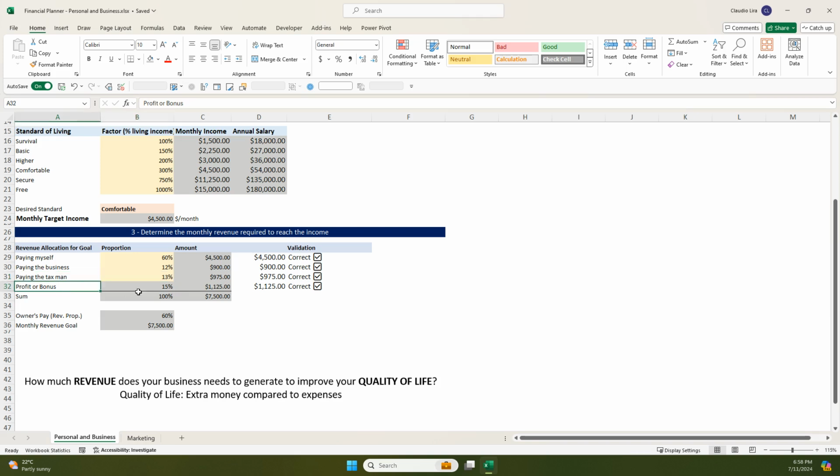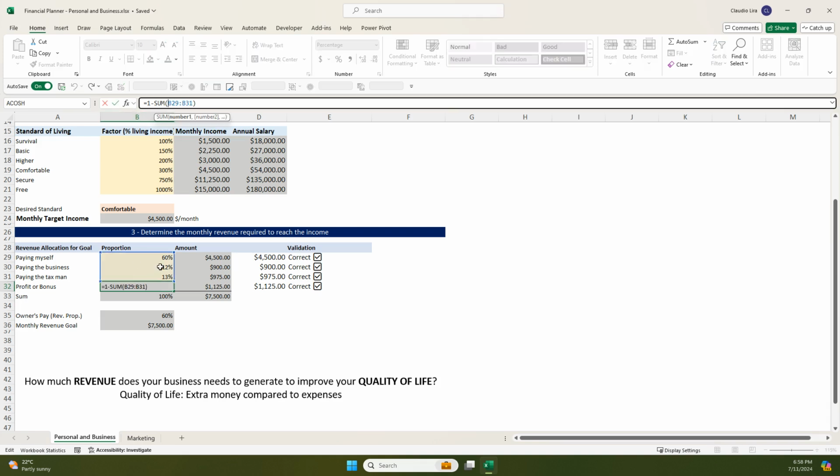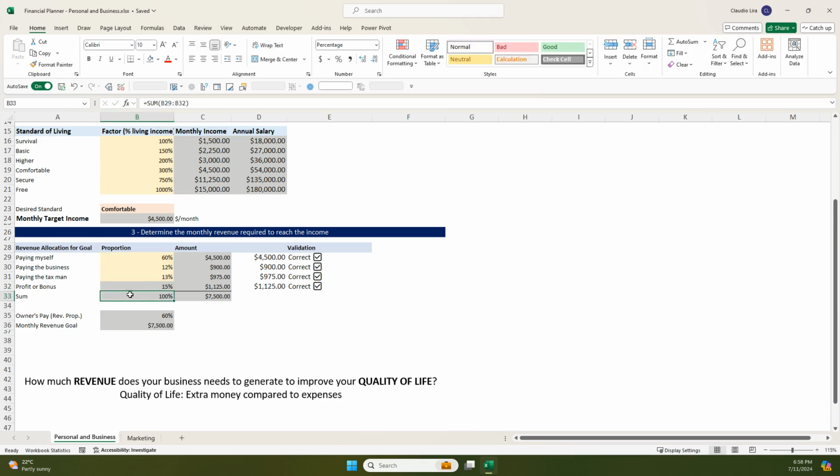And then I have here the 15% of profits or bonus that would be for the people that work with you, or any type of extra allocation that you want to create, and these are the values that I have here.